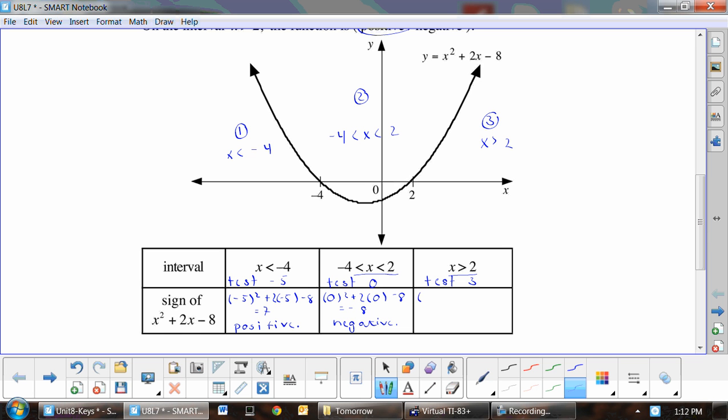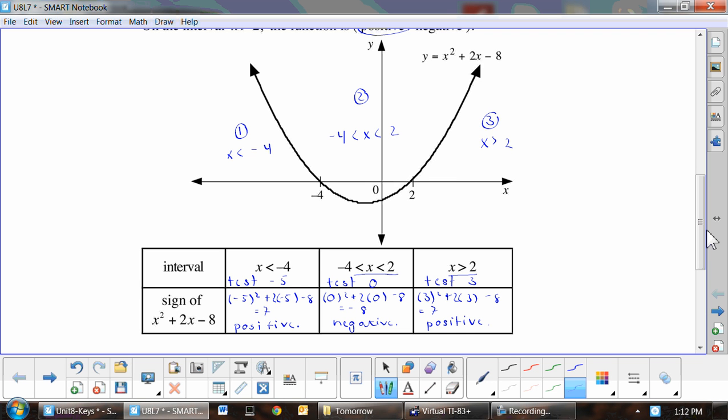And if we test 3, we go 3 squared plus 2 times 3 minus 8. So we get 9 plus 6 minus 8 gives us 7. So we also find out this interval is positive.